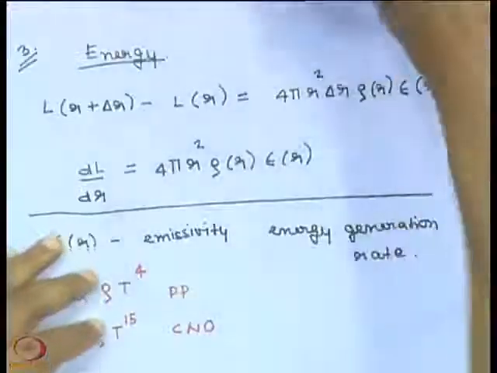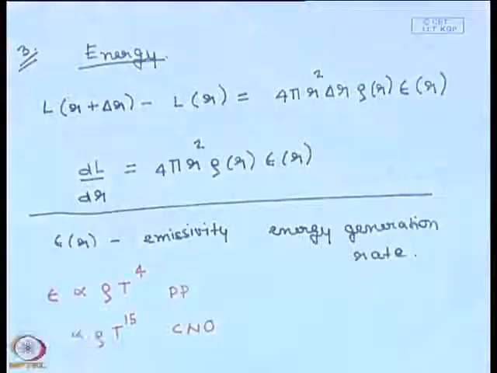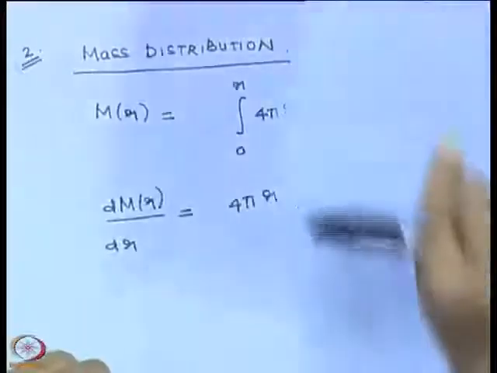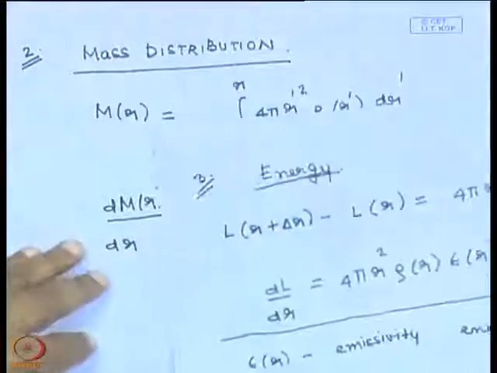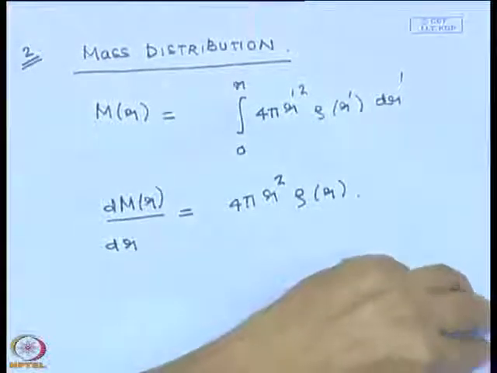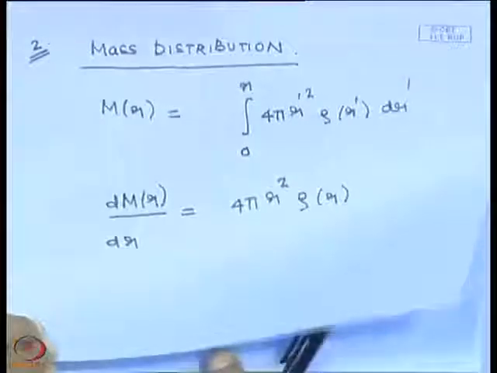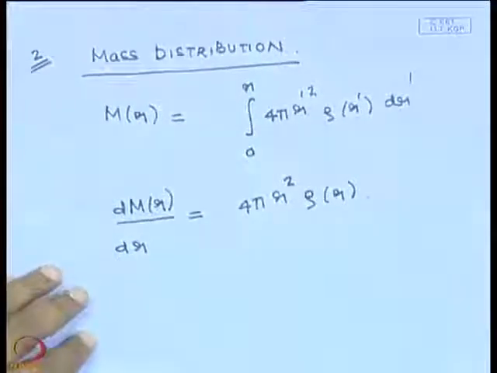The second equation tells us how the mass changes as we go along the radius of the sun.